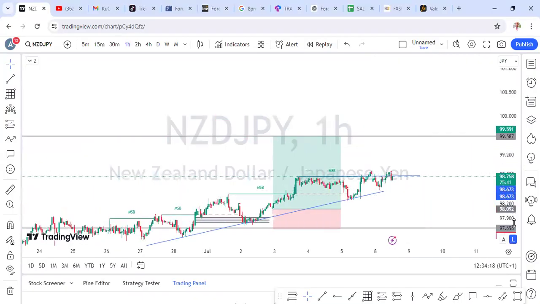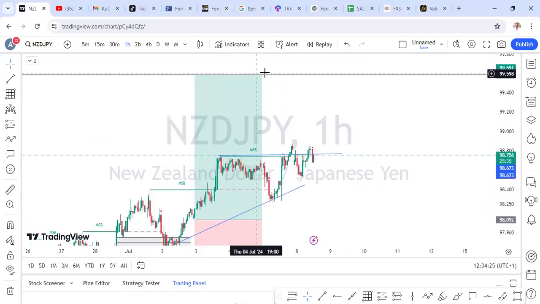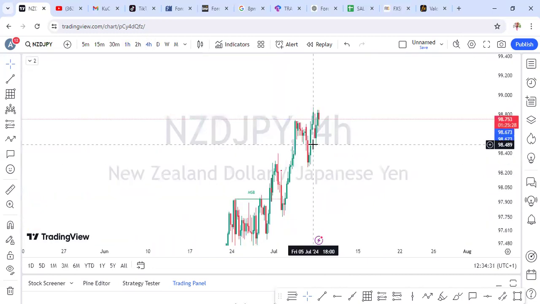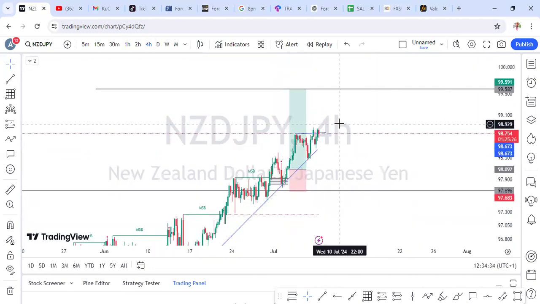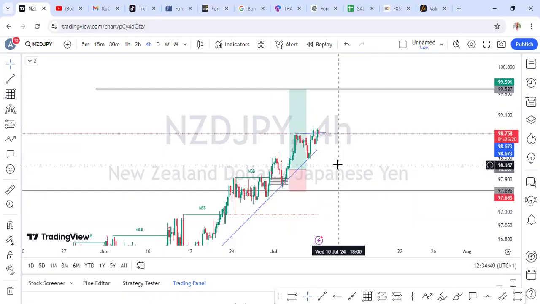Like I've said, I'm still on this one and the trade is holding here. This is my target, and this was my entry. I'm still holding. Seeing it from a higher time frame, I'm still seeing this coming to this place. I'm holding, but I don't know how long it will take to get there.